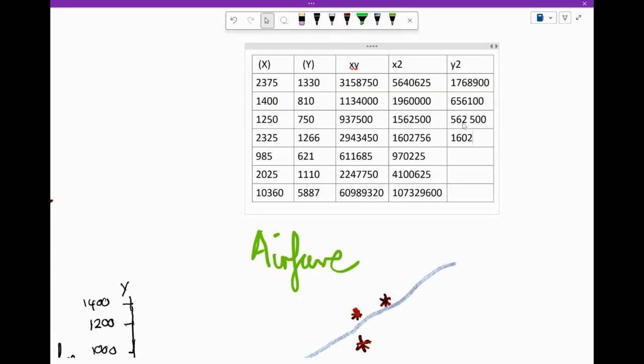Let's just double check, because if she's adding and not getting the same thing. She's adding x times y. The column. Yes. But I'm saying if you add the sum of all of the x and all of the y, you get 10,000 and 5,000. If you multiply those, it should get you that. Yes, that's what I did.